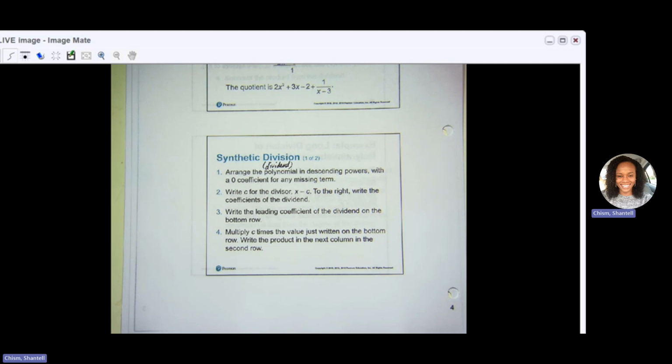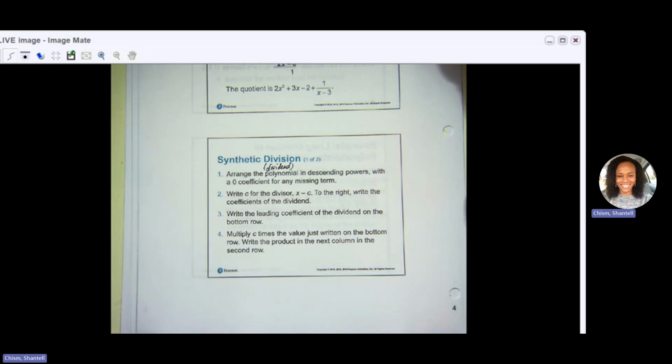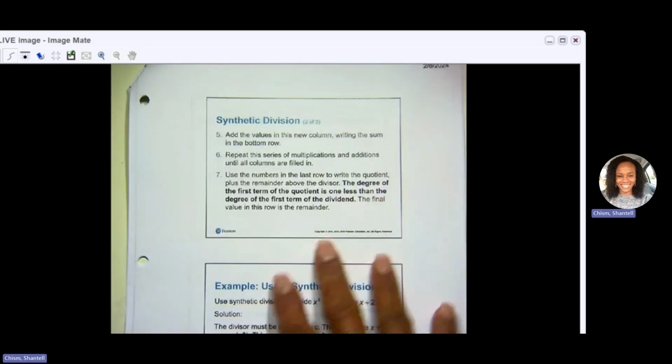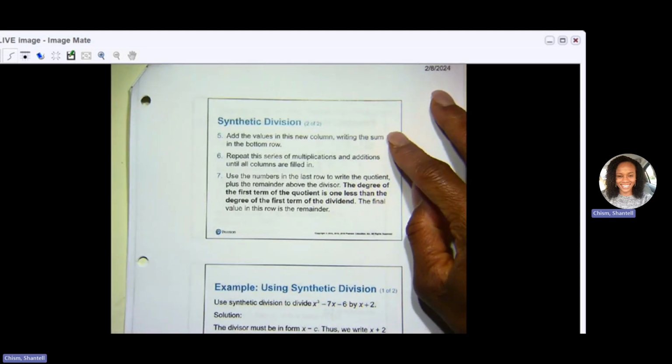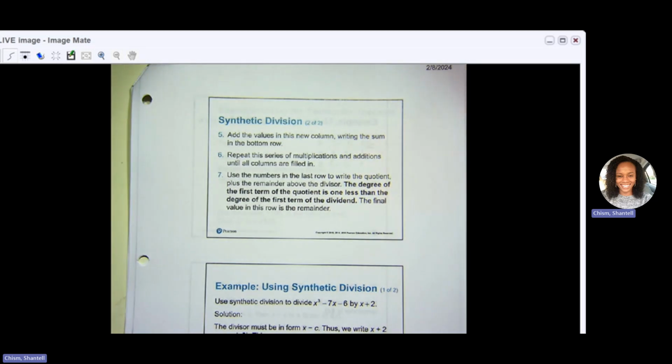And I understand that these steps may not make a lot of sense until you see them, but it will be clear when you see them, okay? So that's step number 4. Then step number 5, we'll add the values in the new column by writing the sum in the bottom row. And we'll just repeat these steps. We'll repeat the series of multiplication and additions until all the columns are filled in.